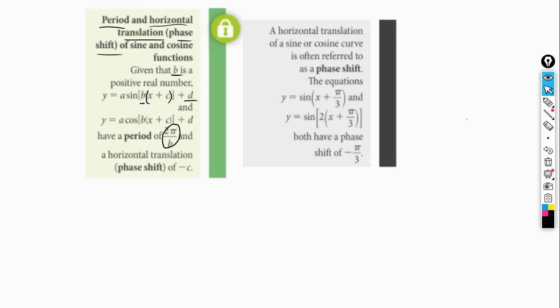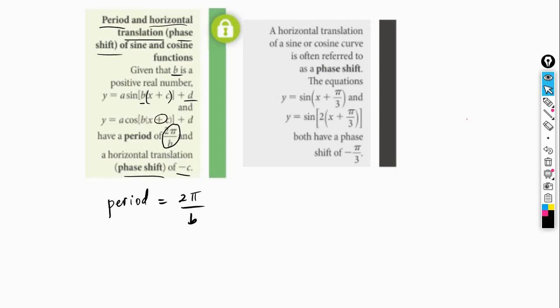So b affects the period. In other words, the period for sine or cosine is going to equal 2 pi divided by whatever b is. And then you also have a horizontal translation or phase shift of minus c. That's when c has a plus in front of it.